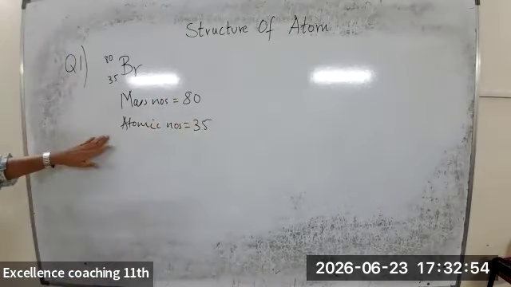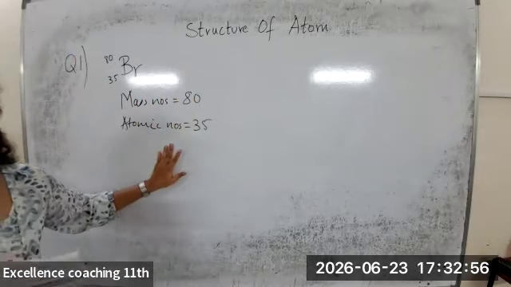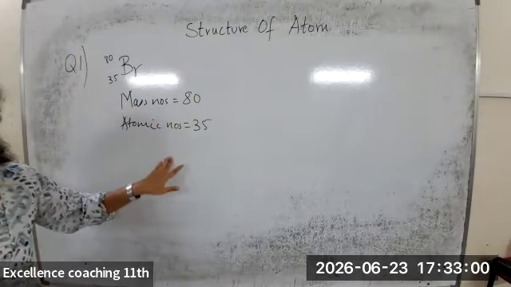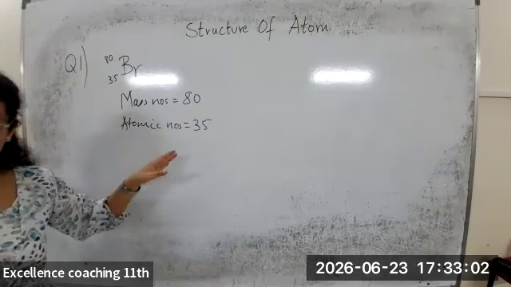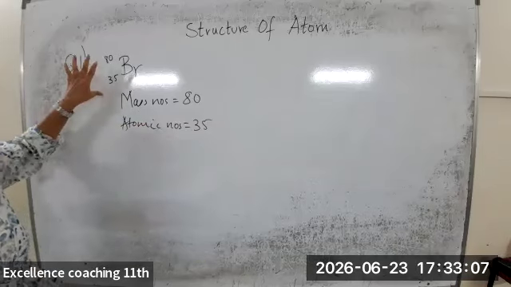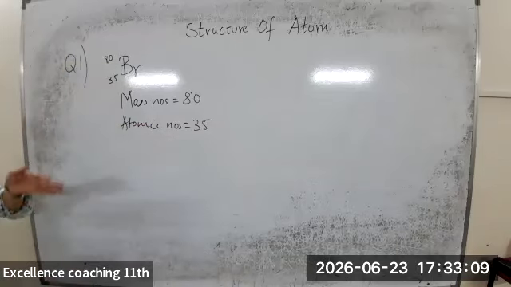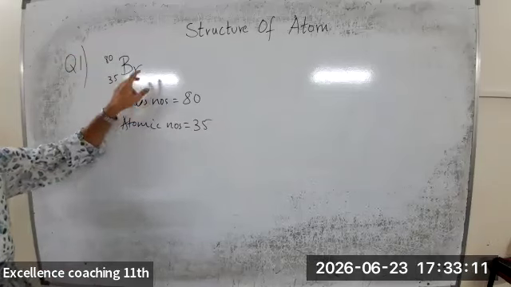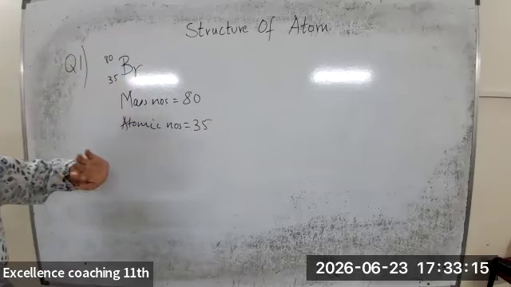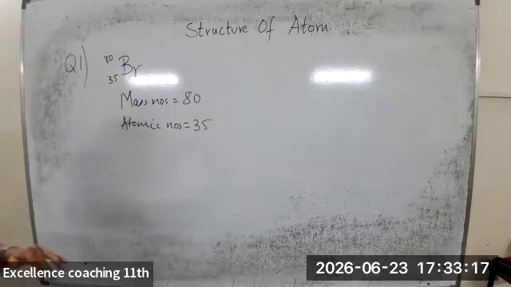What did I say atomic number is? Atomic number is nothing but the number of protons, or the number of electrons provided it is a neutral atom. For electrons, this particular element should be neutral. Is there any charge on bromine? No charge, right? So it is basically neutral.